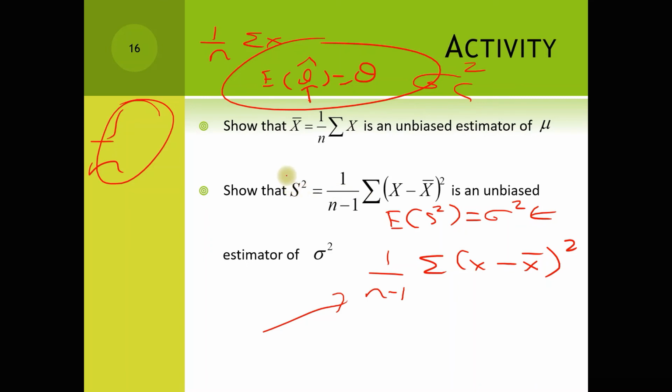In our case theta cap is our s squared, which is sigma squared cap. So if the expected value of sigma squared cap, which is s squared, is equal to sigma squared, then s squared is an unbiased estimator of sigma squared. But if it is not equal to sigma squared, it is a biased one. So let's try to work this out.